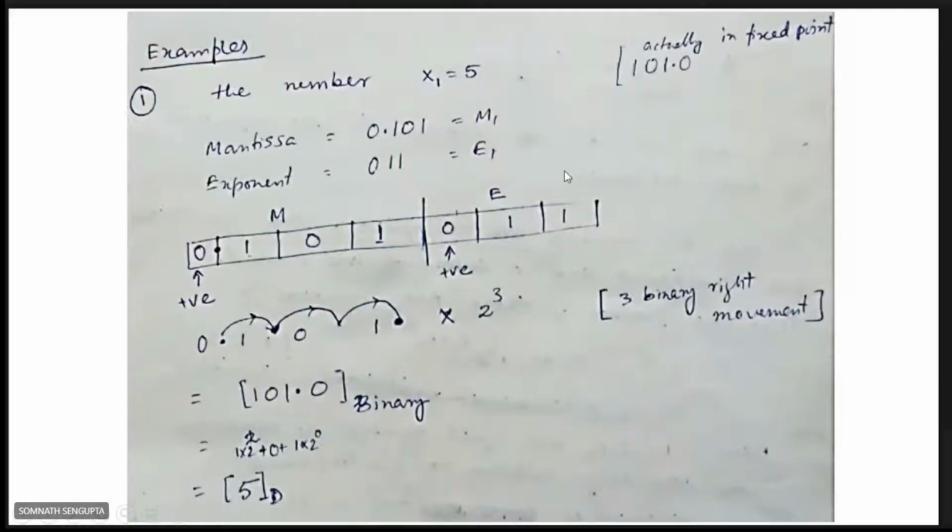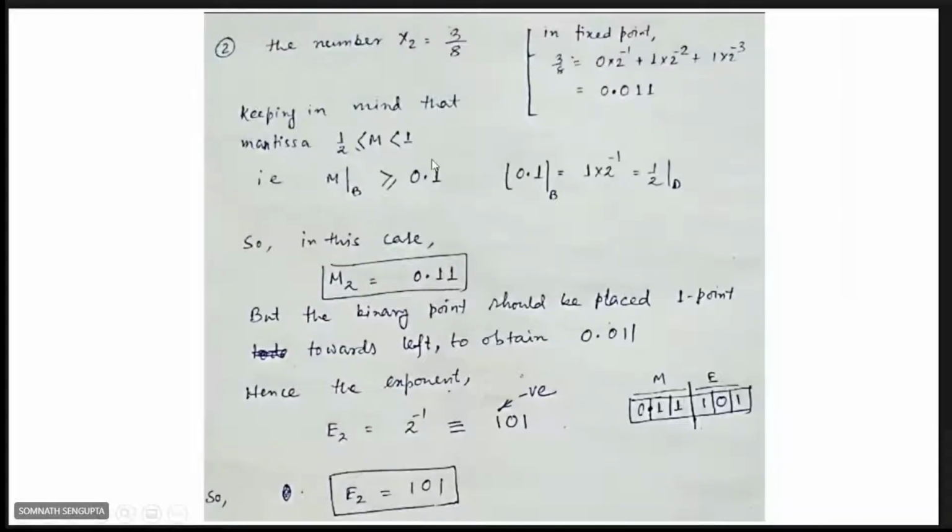Now similarly for the number 3/8. In fixed point it is 0.011. But your mantissa should be 0.11, because the mantissa must be greater than or equal to 0.1.